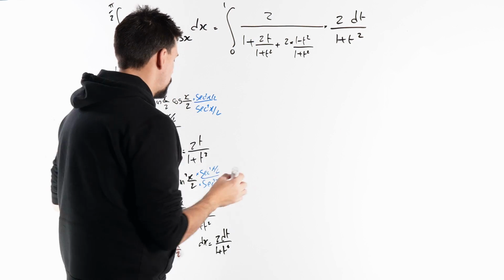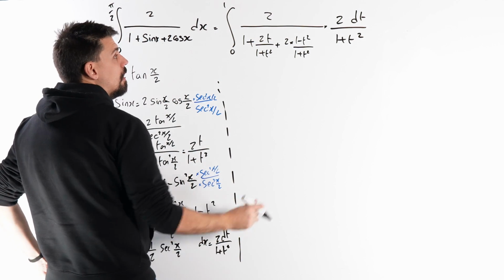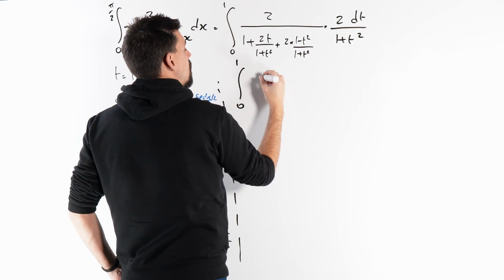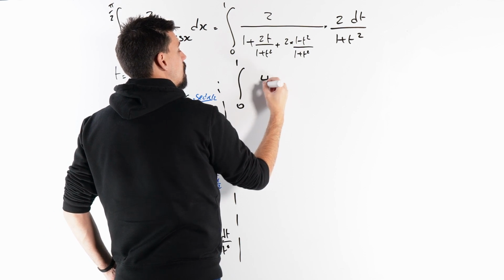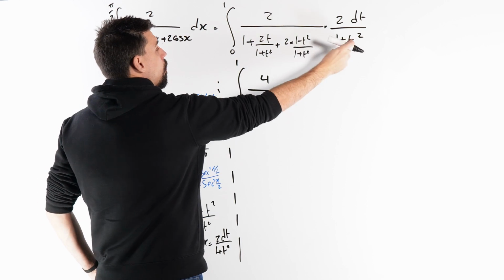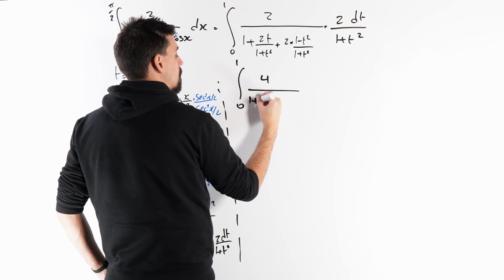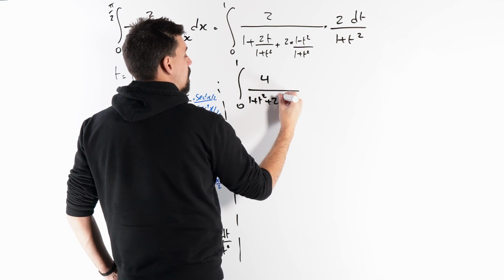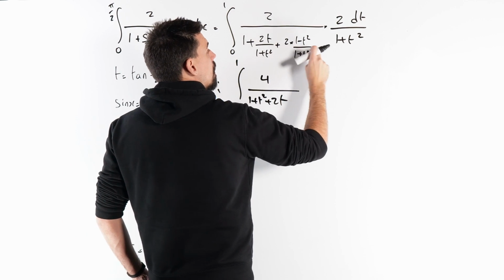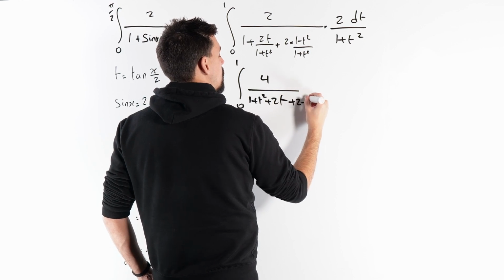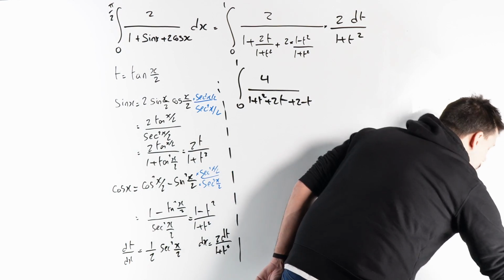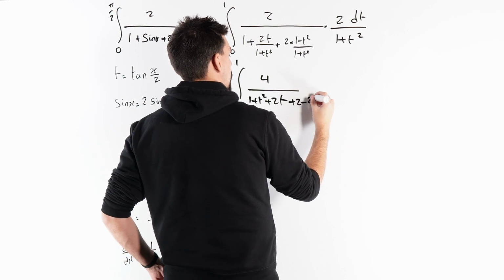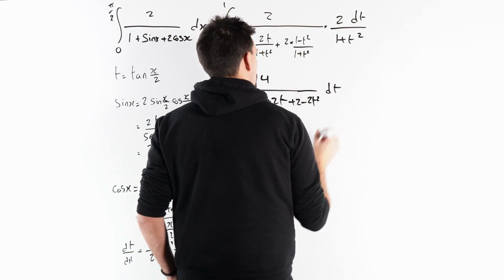Right, let's multiply this through. 2 times 2 is 4. Isn't that nice? 1 plus t squared times 1 plus t squared. 2t over 1 plus t squared times 1 plus t squared is 2t. Those will cancel out there, so I end up with 2 minus 2t squared dt.